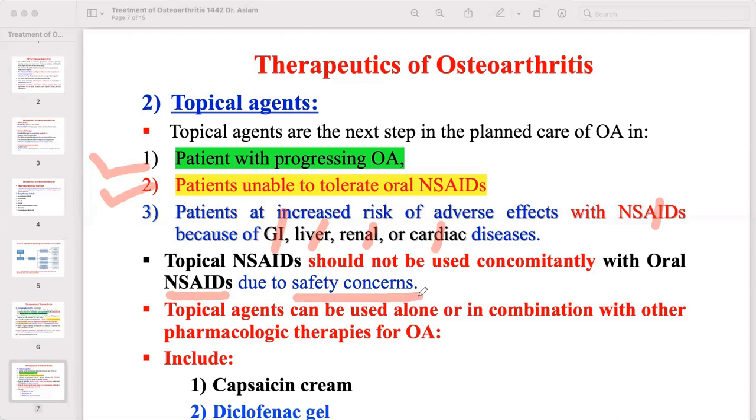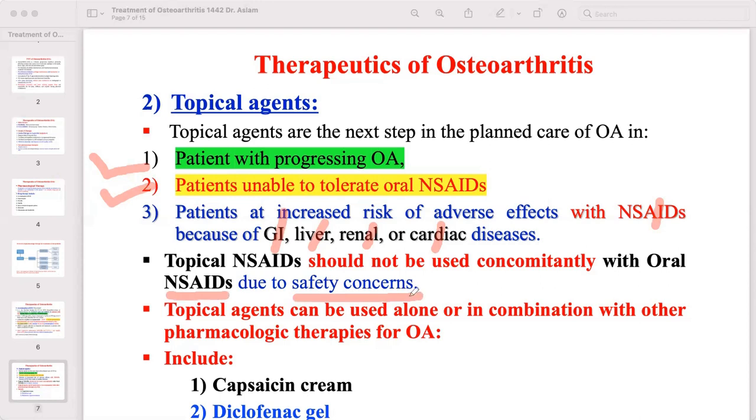If the patient with progressive disease is not able to tolerate it, then start with the next step, topical agents. But there should be precautions. Topical non-steroidal anti-inflammatory drugs should not be used with oral NSAIDs due to safety concerns.